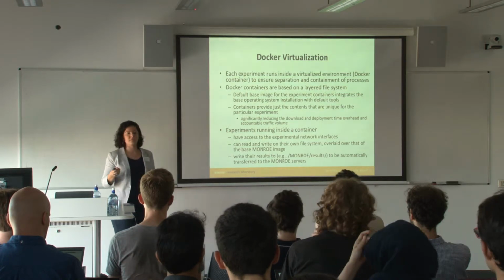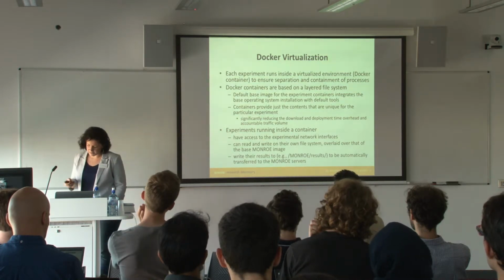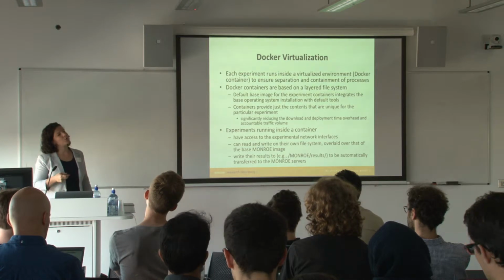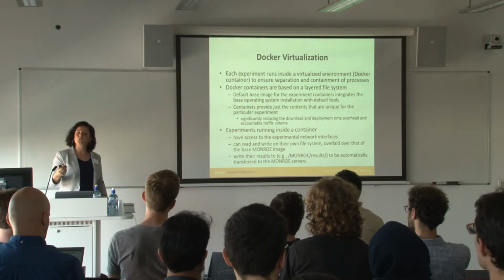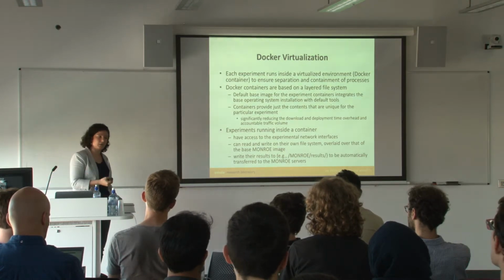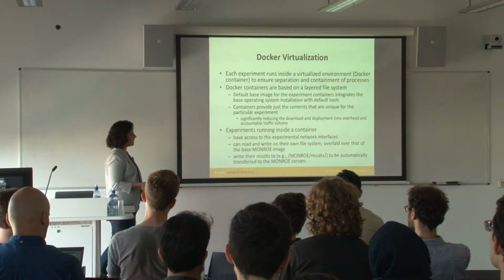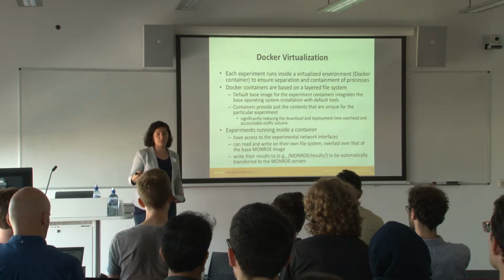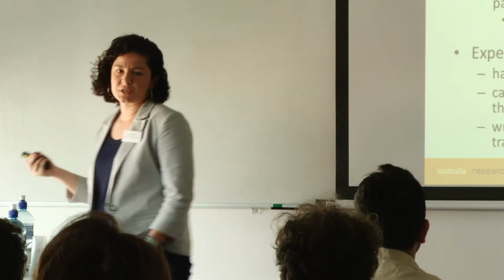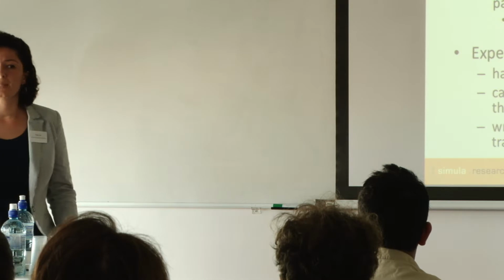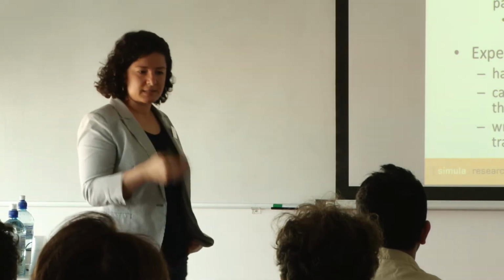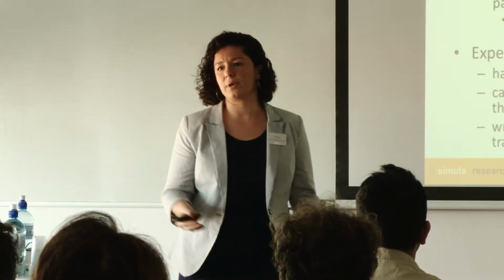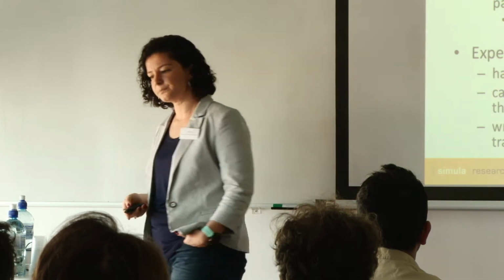You can write to and read from your file system, and if you want your results to be transferred, you just need to put them in a defined results repository so that we can synchronize it to the backend and provide it to you. Of course, you can also run SCP or some other commands inside your container and send it directly to your preferred location. That is also possible.